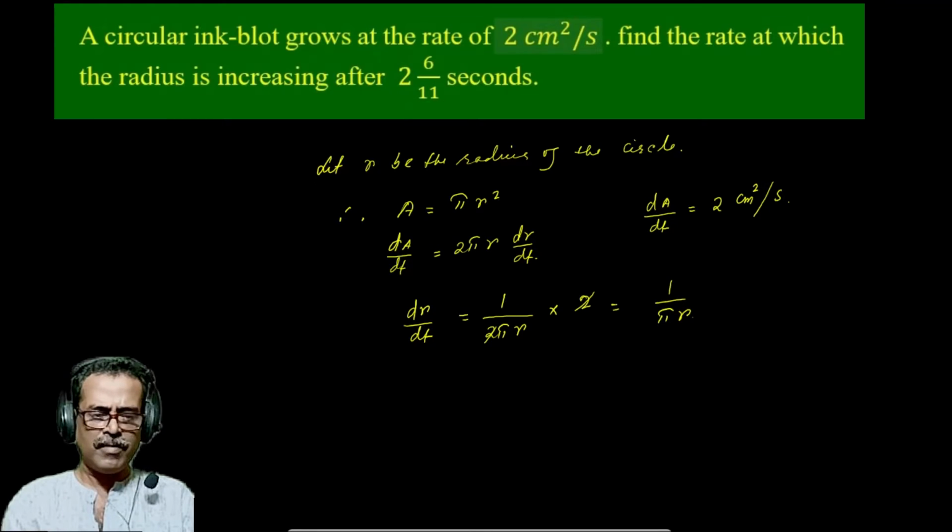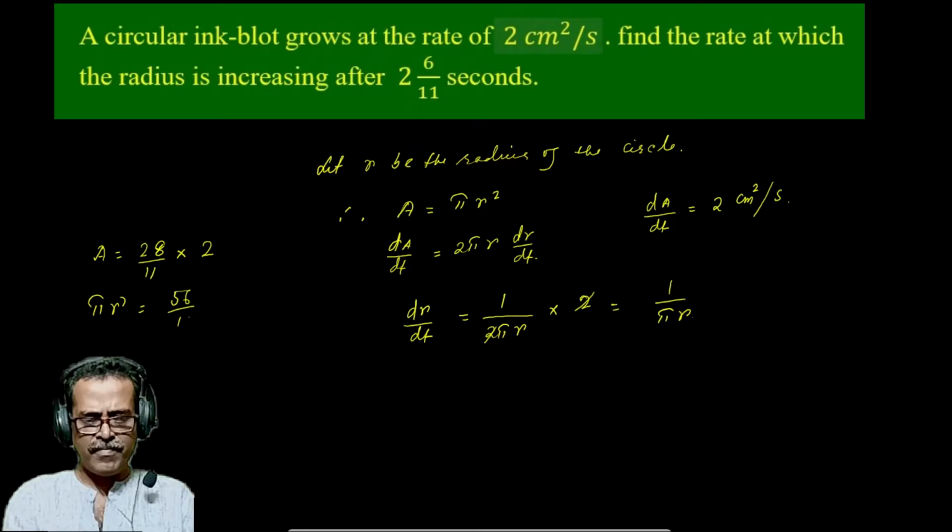After 2 and 6 by 11 seconds, that is 28 by 11 seconds, the area will be into 2, that is pi r square is equal to 56 by 11, 22 by 7 into r square is equal to 56 by 11.